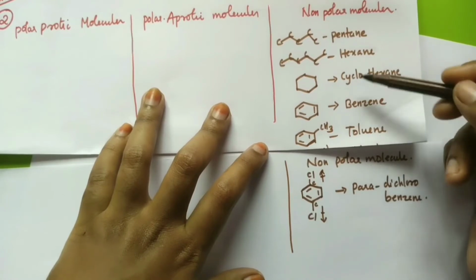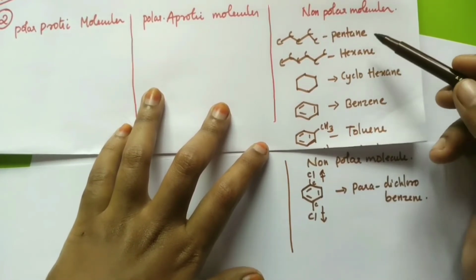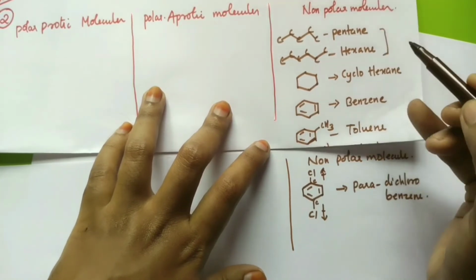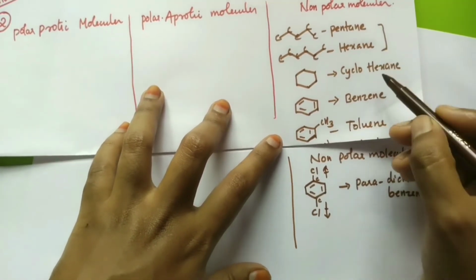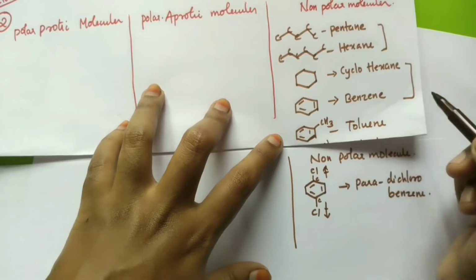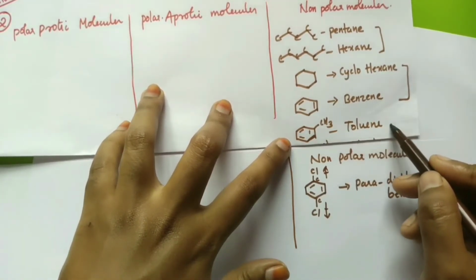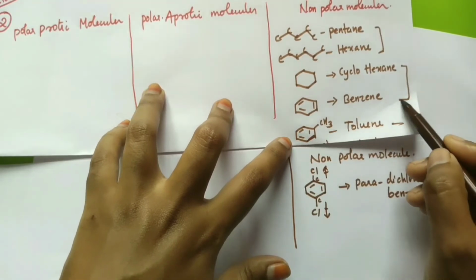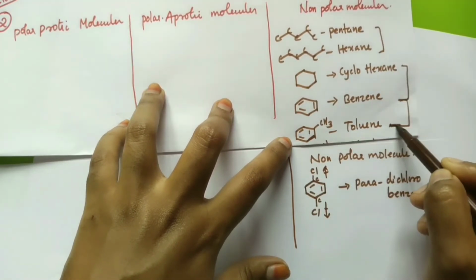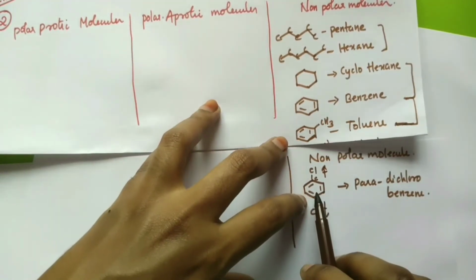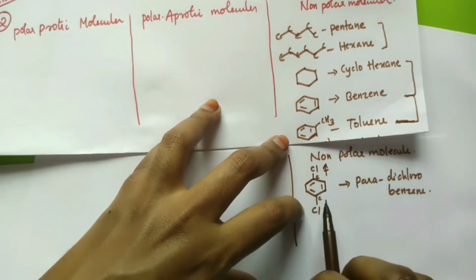So what we are doing here is making pairs of non-polar molecules. First these two, pentane and hexane, and then we made cyclohexane and benzene, then toluene, or we can say cyclohexane, benzene, toluene as a pair, and an exception we found is para-dichlorobenzene.